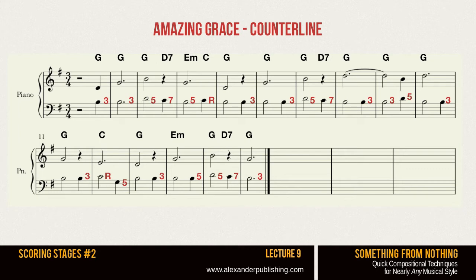The lower line is also a guide tone line, but based on the third or fifth of a chord if it's a triad, or a third or a seventh when it's a seventh chord. In the lower guide tone line, I've marked which note is what tone of the chord. Let's take a listen.